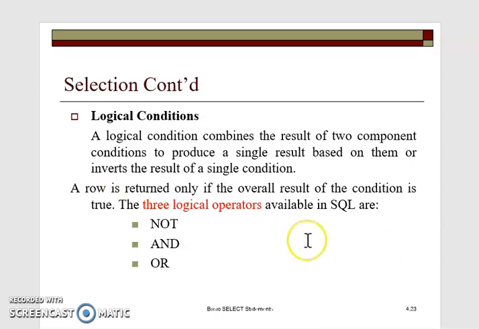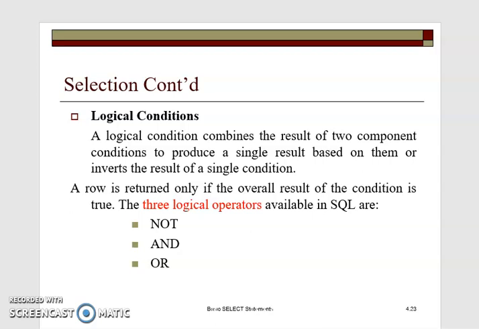Okay, so we have logical conditions still in the selection. A logical condition combines the results of two component conditions to produce a single result based on them. In other words, when you're looking at logical conditions, a row is returned if and only if it adheres to the condition that you have specified.